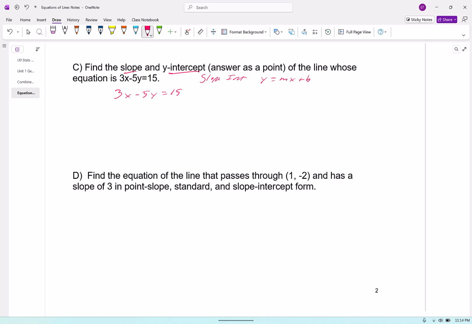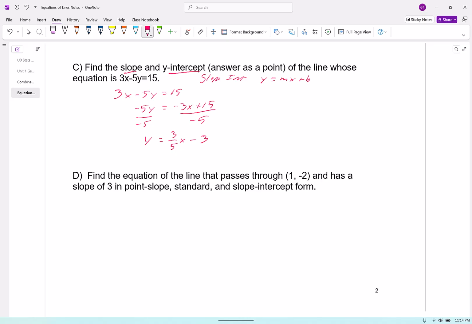So I end up with negative 5y equals negative 3x plus 15. I'm going to divide by negative 5 on both sides, and I have y equals 3/5 x minus 3. I divided each part individually by negative 5.